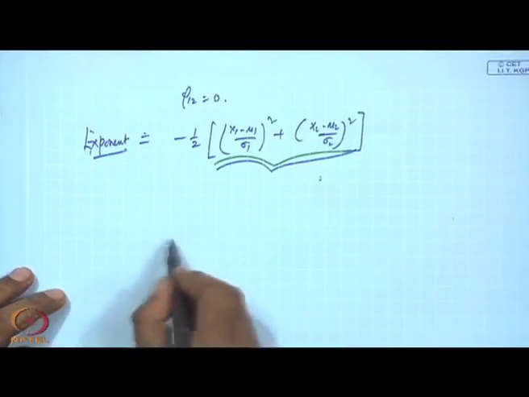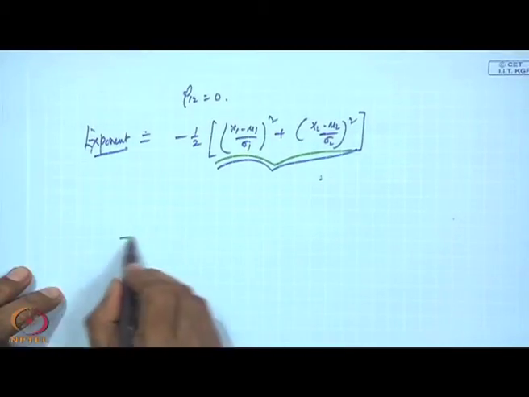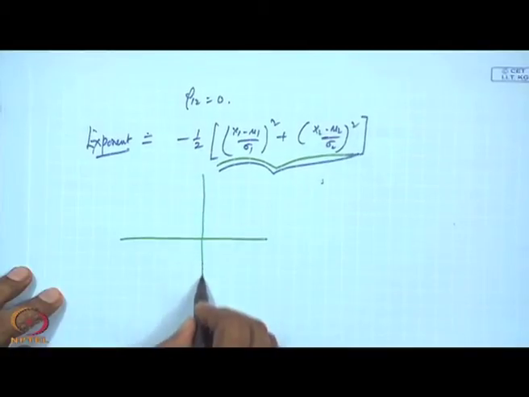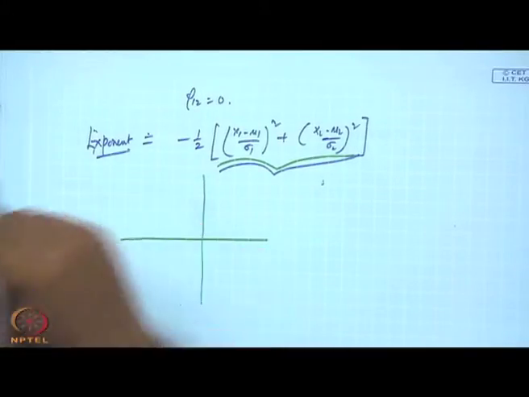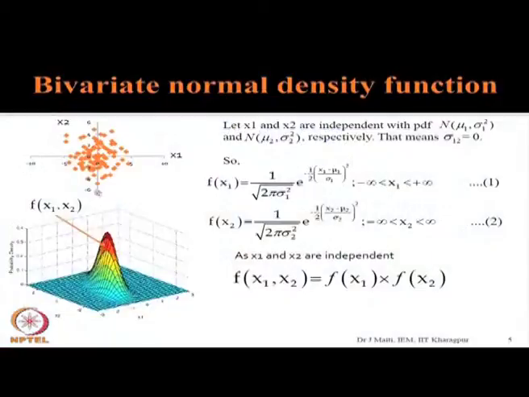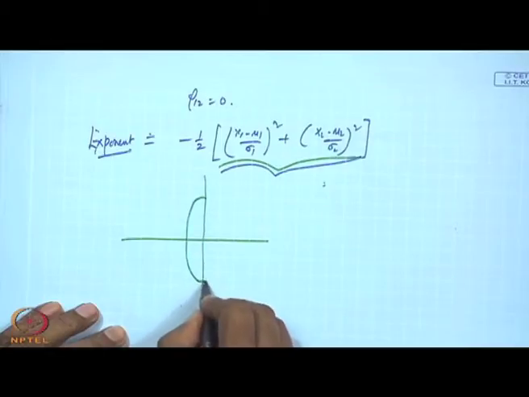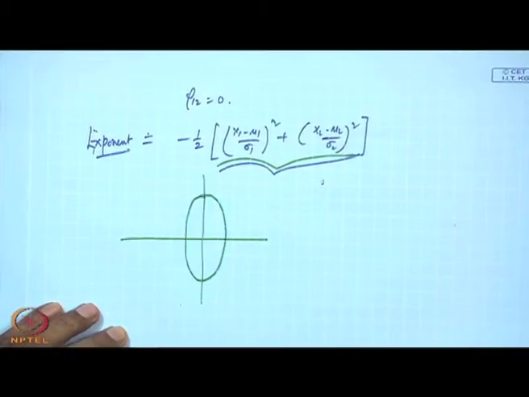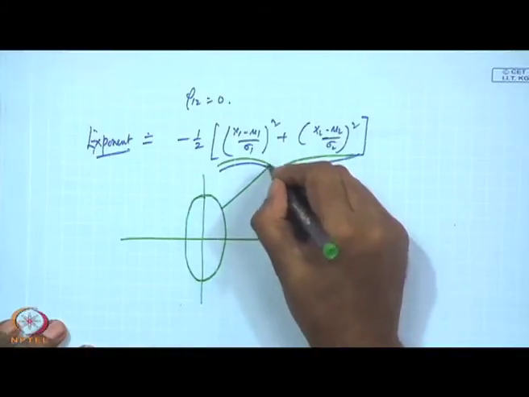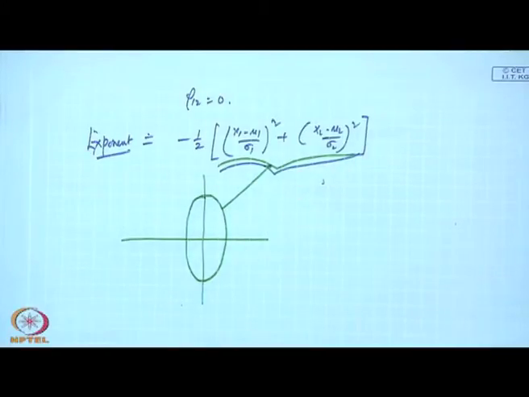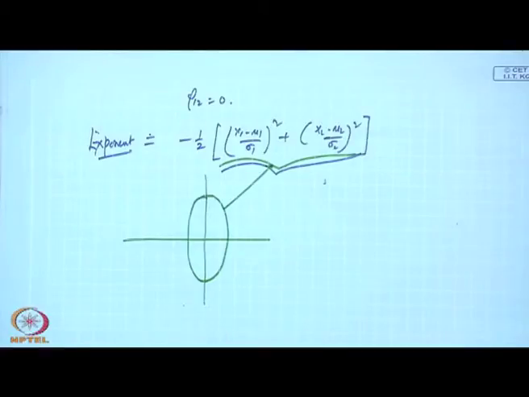So, if I just write down this one, what are you getting? I will draw a line like this, but it will be a curve. So, it is basically coming like this. Got it?